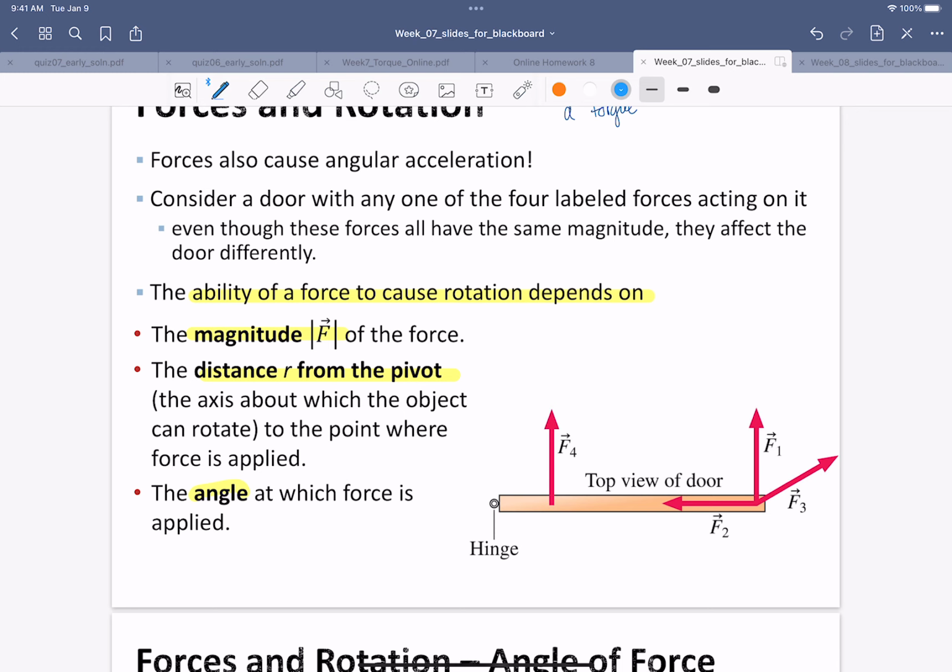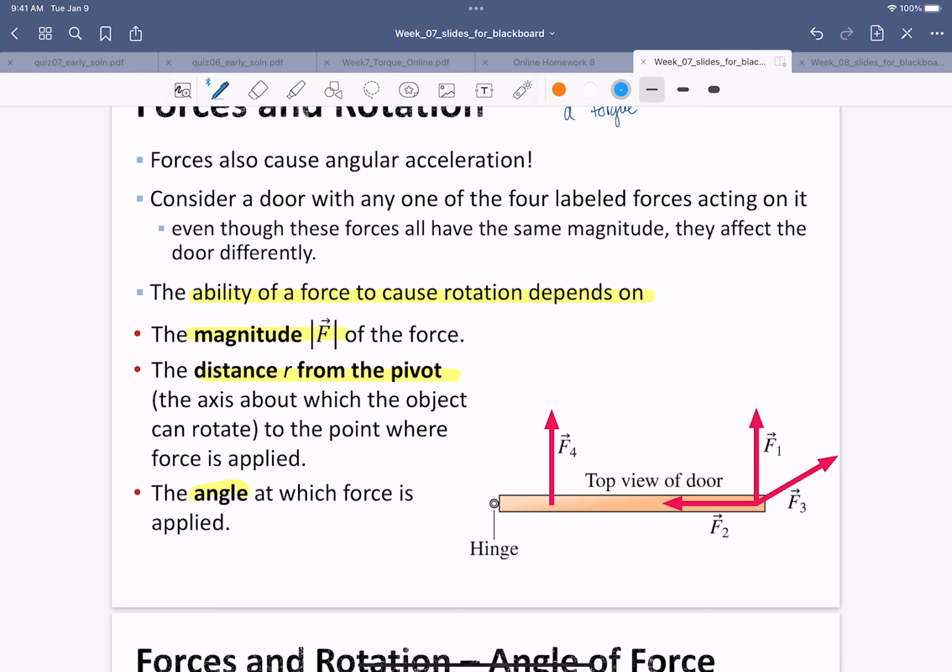So if you push on the pivot, right, push on the hinge, nothing's going to happen, right? Or it's going to be really tough for you to have that door rotate in any way. And if I start exerting a force farther and farther away from the hinge or the pivot on that door, it's going to be a little bit easier to push the door open or close it, right?